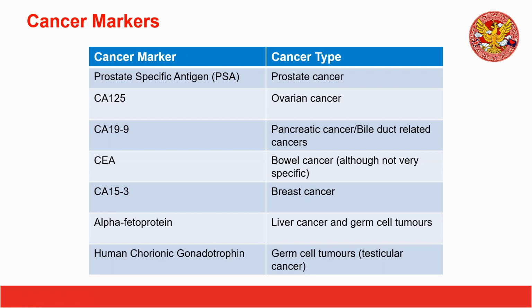With alpha-fetoprotein, we're looking at primary liver cancers or germ cell tumors. Human chorionic gonadotropin is used to diagnose rarer cancers, like rarer germ cell tumors such as testicular cancer or certain types of ovarian cancer. Essentially, these are different cancer markers you might look for if you suspect a cancer in a patient.